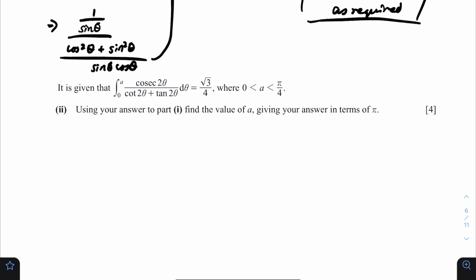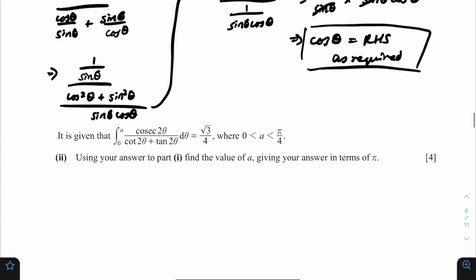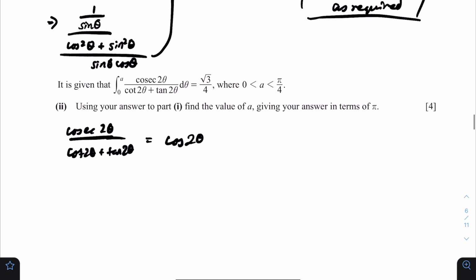All right, so this is basically the same thing except using 2 theta instead of theta. So we can deduce that cosec 2 theta over cot 2 theta plus tan 2 theta has to equal cos 2 theta. So therefore, we're looking at the integral with boundaries 0 to a of cos 2 theta dθ is equal to root 3 over 4.